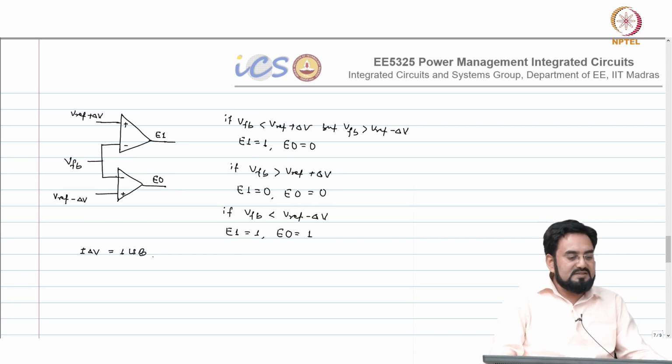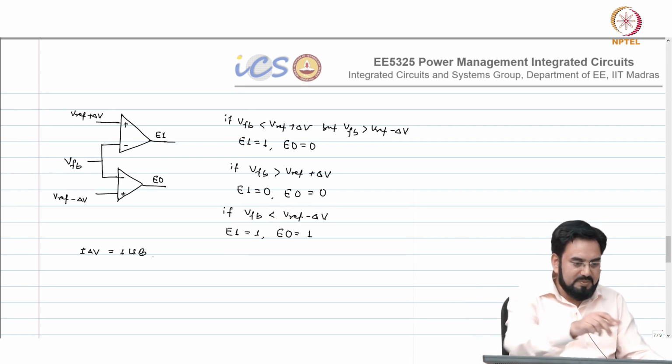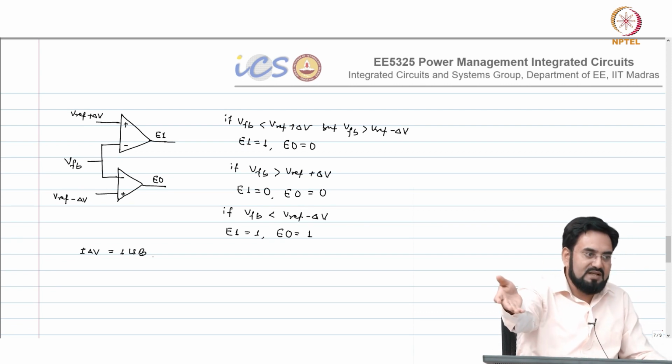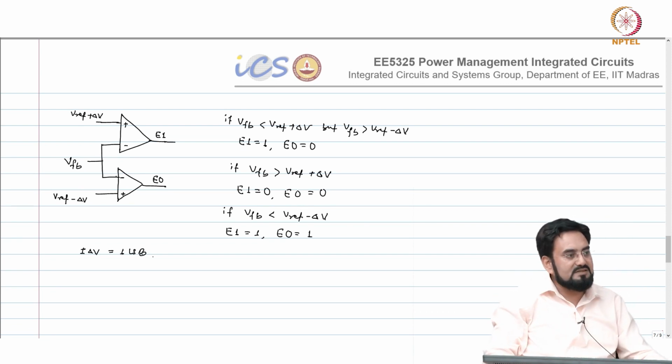Plus minus delta V means you define 2 delta V as 1 LSB. So, if you know 1 LSB, then you break that into 2 halves and make one Vref plus half LSB, the other Vref minus half LSB.